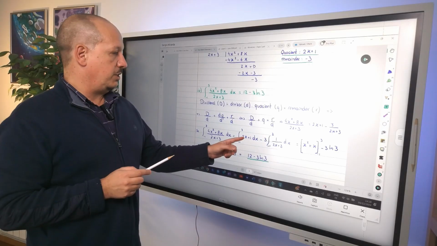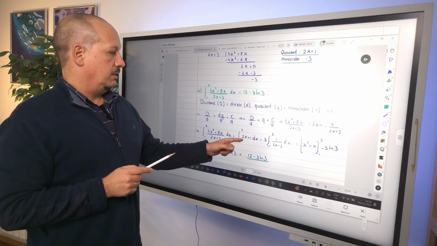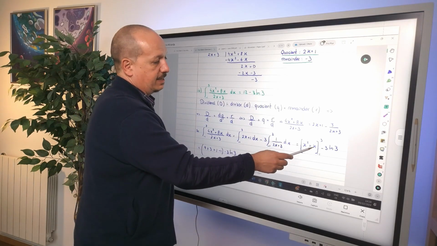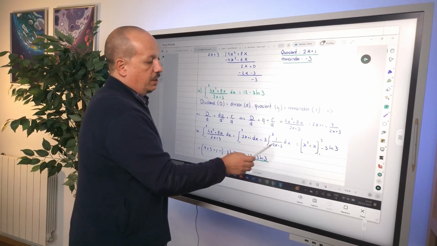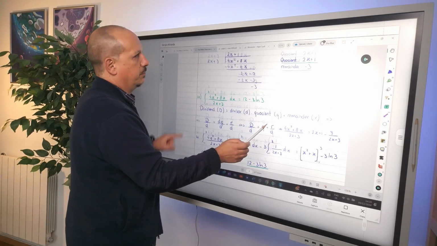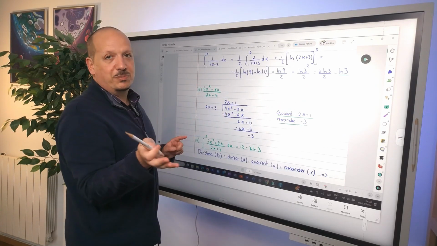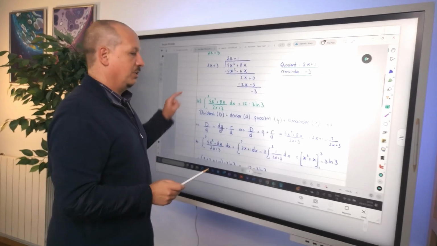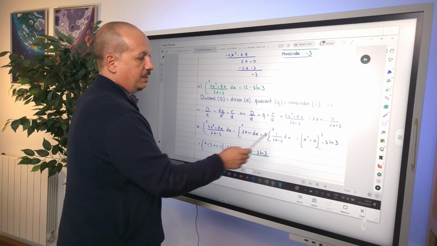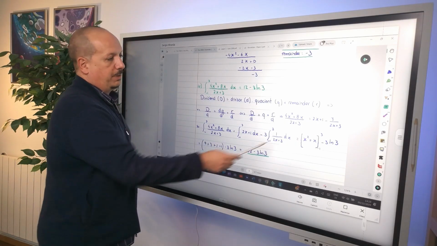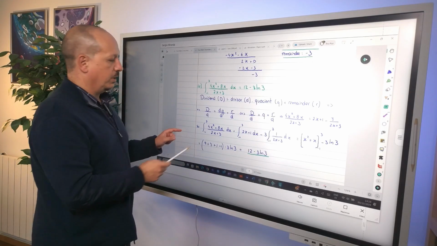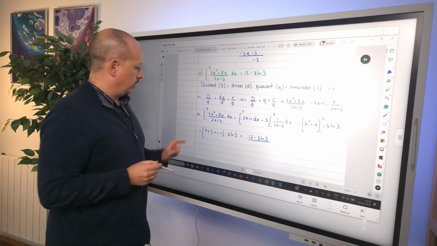And this one, we integrated, and this is obviously x squared plus x between -1 and 3. And this over here, we already know the value. We calculated it in the previous question: natural logarithm of 3 times the -3 that you have over here. Then apply the boundaries to this expression, and here you have the result that you wanted: 12 minus 3 natural logarithm of 3.